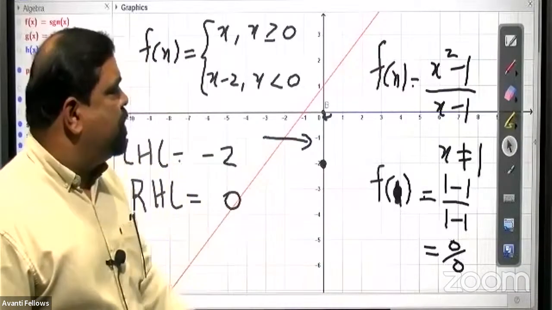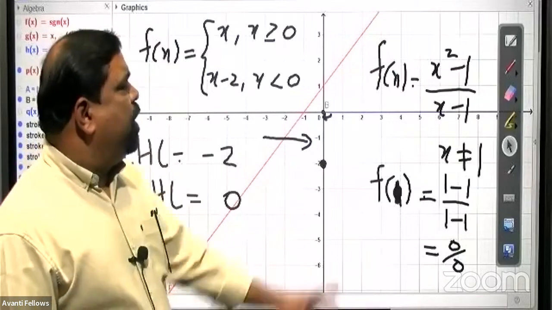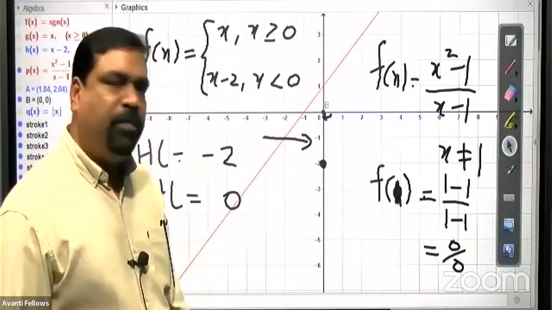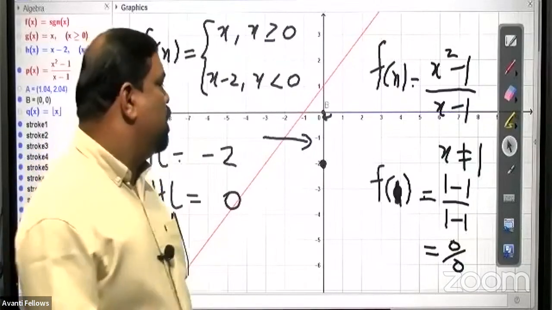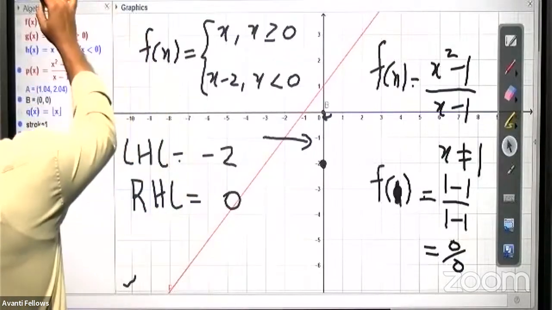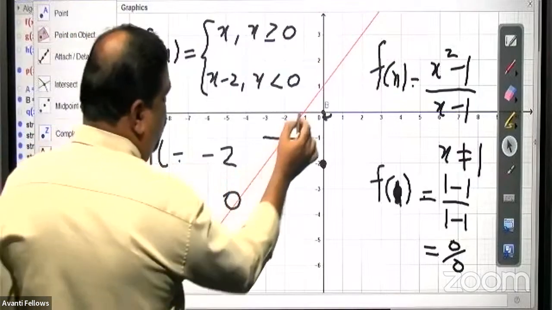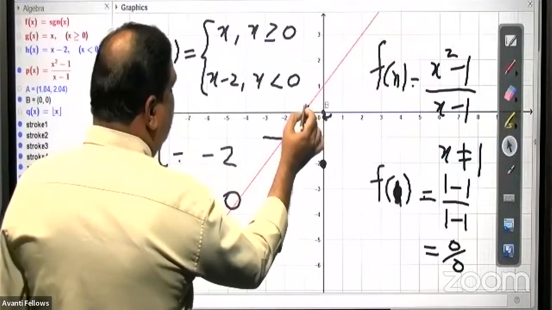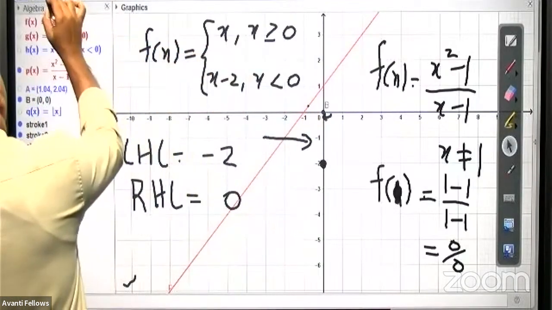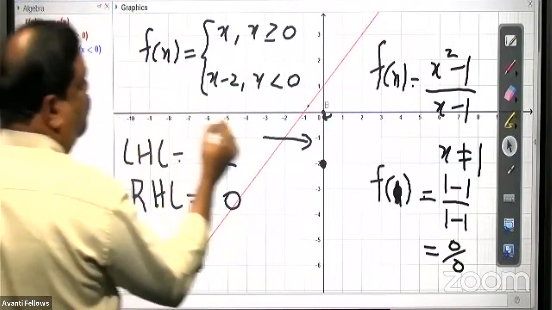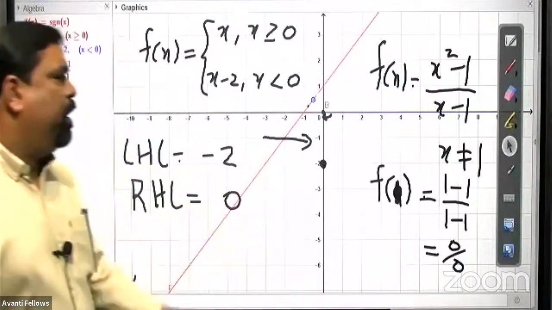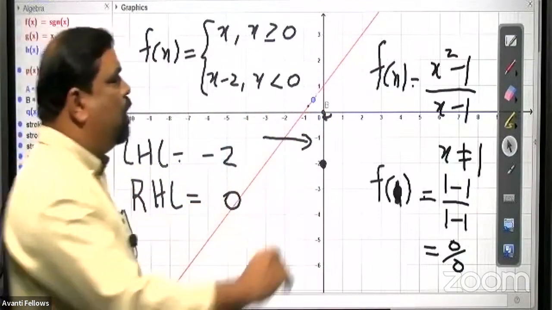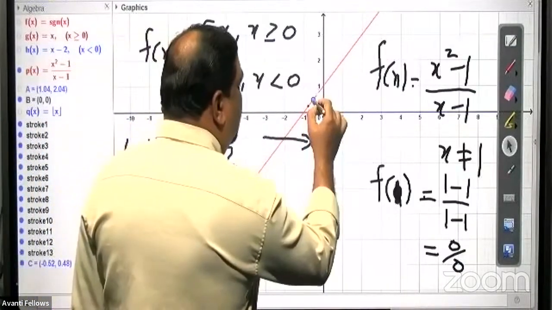But in the graph, if you observe, at the point 1, you may not be able to find any gap there. So actually, there is a very negligible gap there. If I take a point on this line, now I'm moving this point.